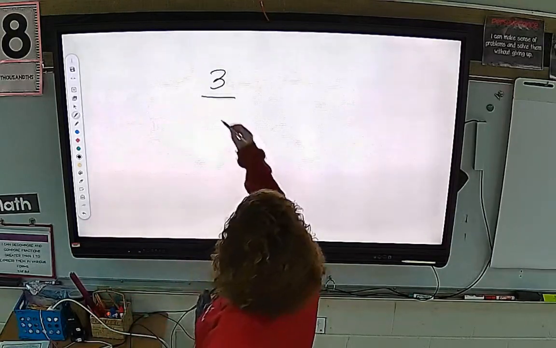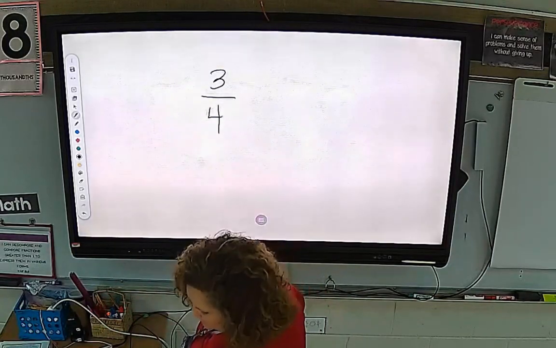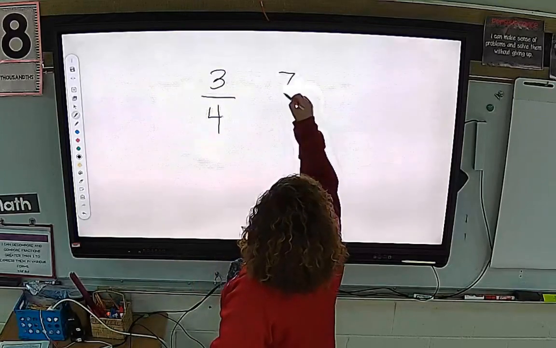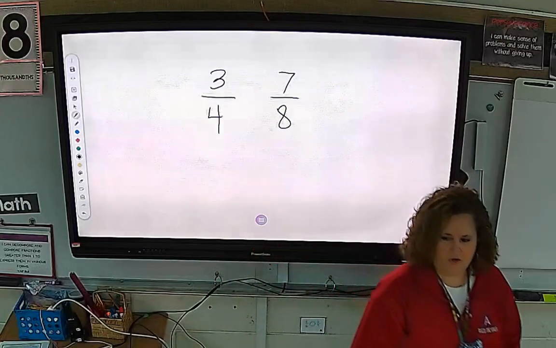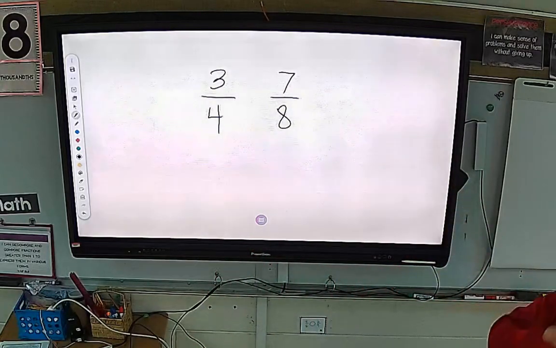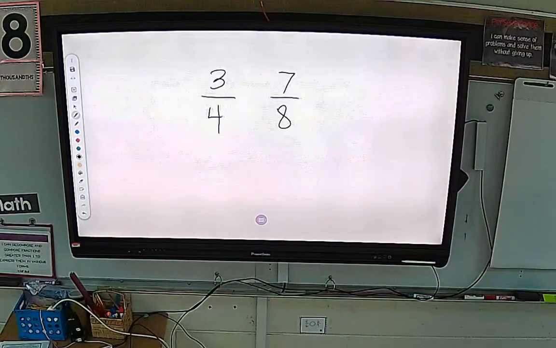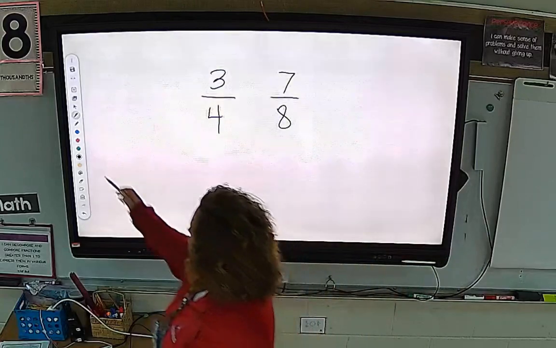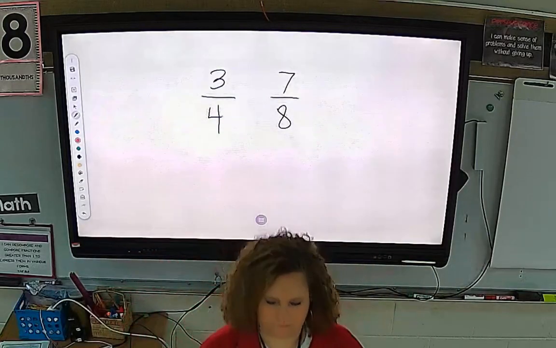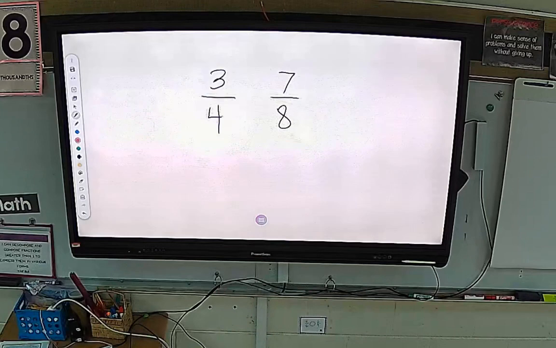So 3/4 and 7/8. If you were trying to figure out which of these was largest using the heart method, just gotta remember this answer lands here, so you probably want to start the line right on there.